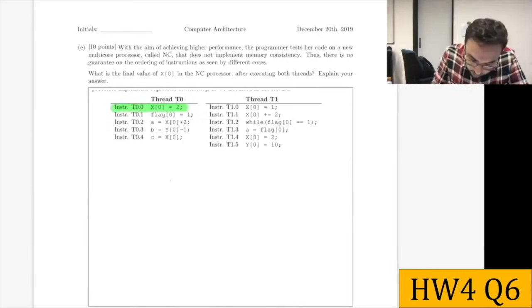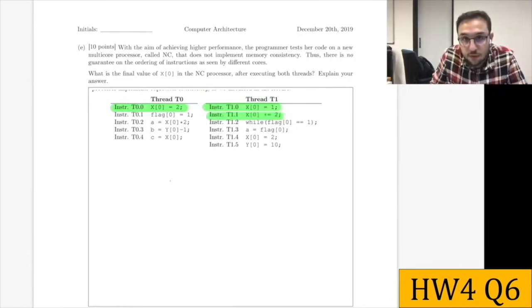Again, this one and this one. Earlier we made the assumption that T11 always executes after T10. But from the perspective of core 0, we can observe that T11 executes first and then T10 executes.